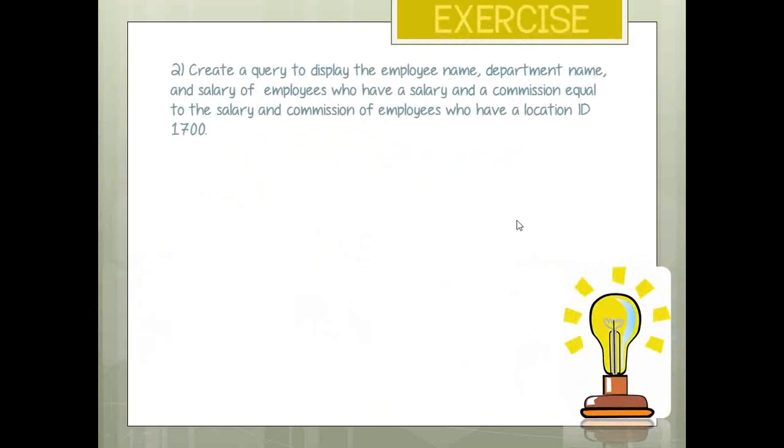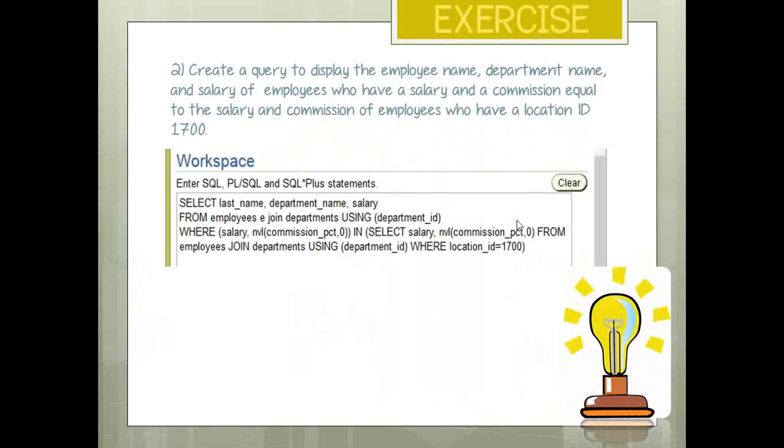Next, create a query to display the employee name, department name, and salary of employees who have a salary and a commission equal to the salary and commission of employees who have a location ID. The answer is here: the last name, department name, salary from employees join.